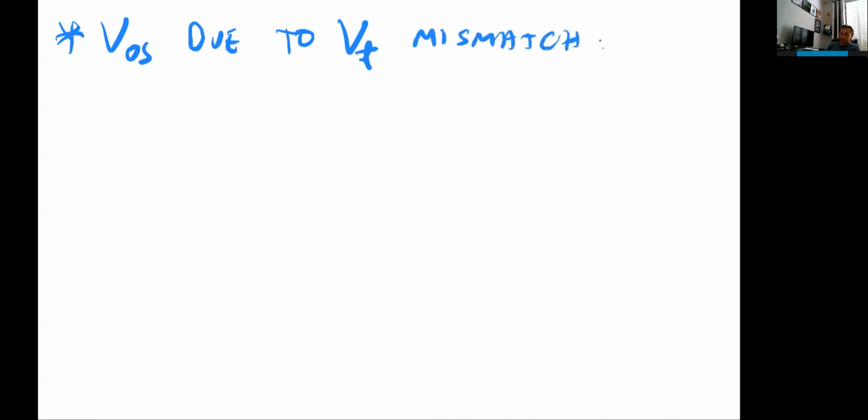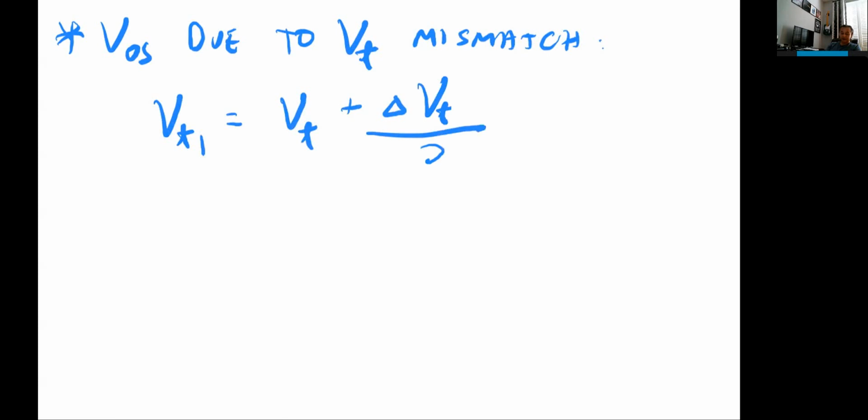So again, let's go through the same type of analysis and say that for transistor 1, the threshold voltage is a nominal value plus some variation divided by 2.